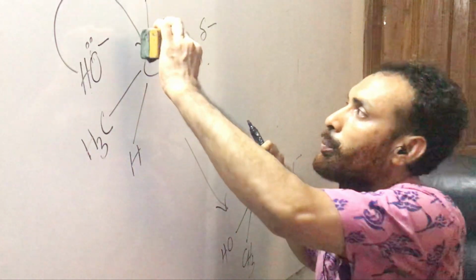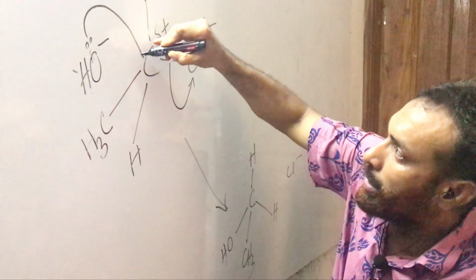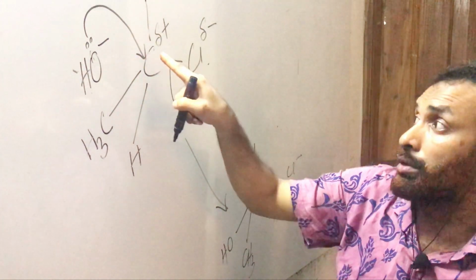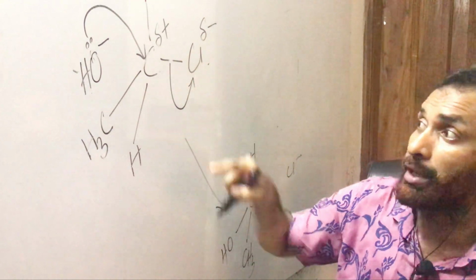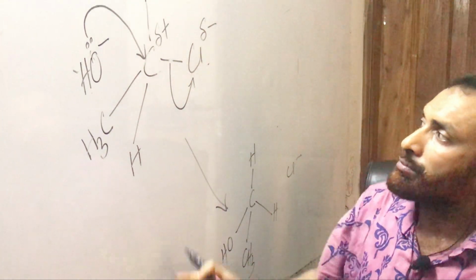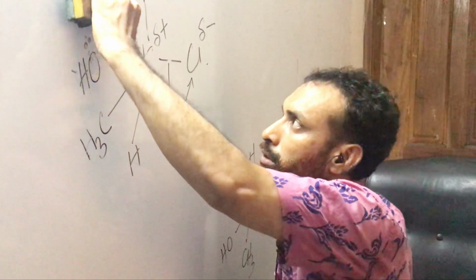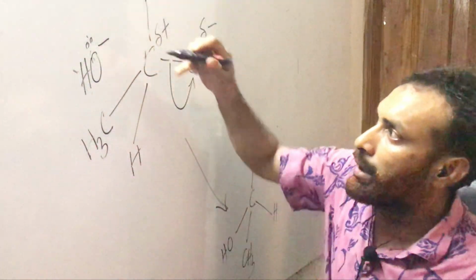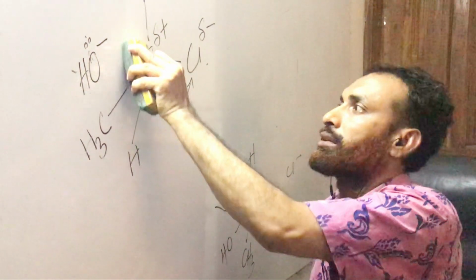Here should be the lone pair of electrons you get on oxygen. You clearly should show the lone pair of electrons moving to this carbon, perfectly this carbon, to make a bond. And the curly arrow should be curly. You should not write a straight line, like this straight line is not allowed. You get marked for this.